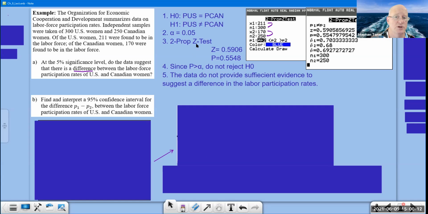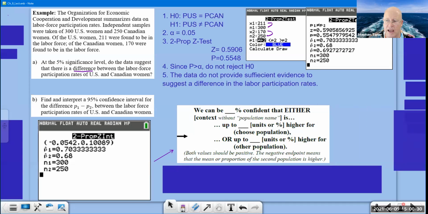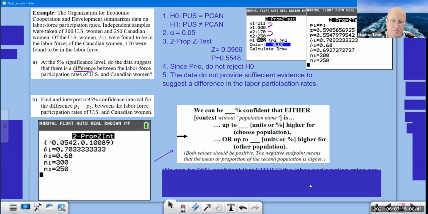So we did a 2 proportion z test up above. This is going to be a 2 proportion z interval. And just like I told you, one end is negative, the other end is positive on this confidence interval. And so that tells us we've got to look at this wording carefully in how we go about writing this interpretation of this confidence interval.